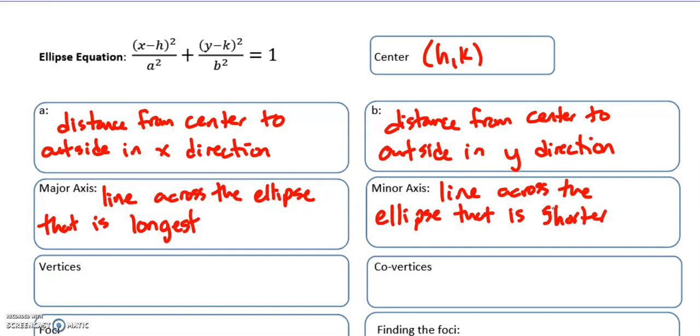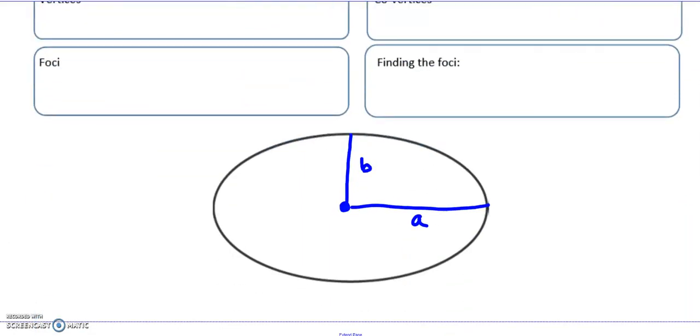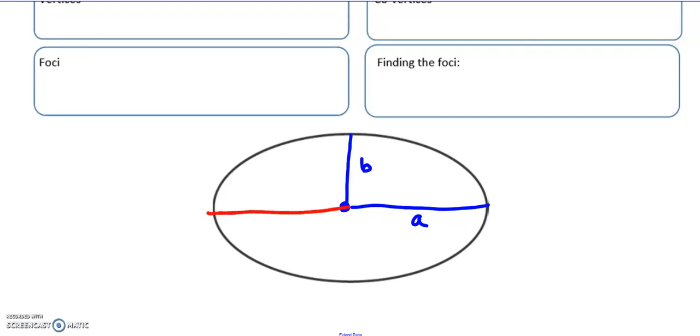Now this is going to change depending on which orientation my ellipse has, if it's horizontal or if it's vertical. So looking down at this example, the whole way across from there to there is going to be the major axis because it's the longer of the two, and from there to there is the minor axis.